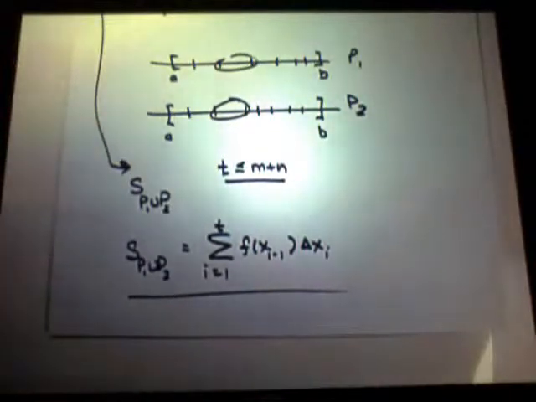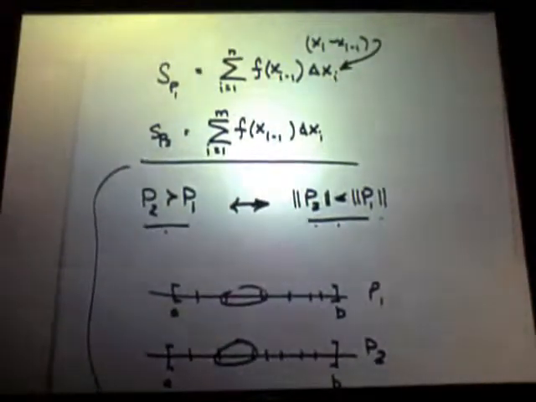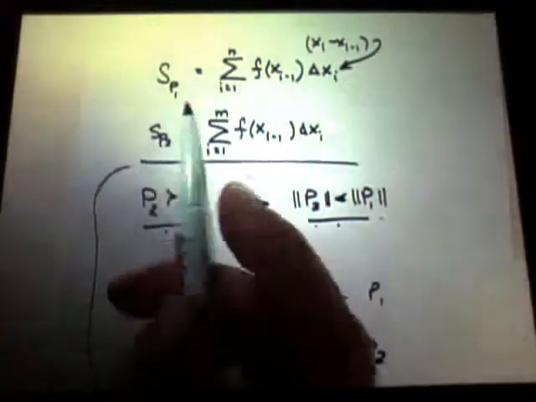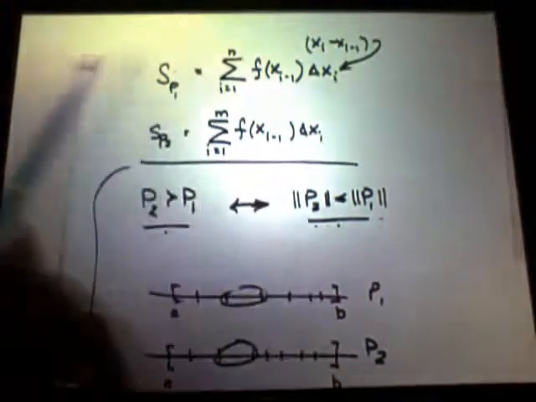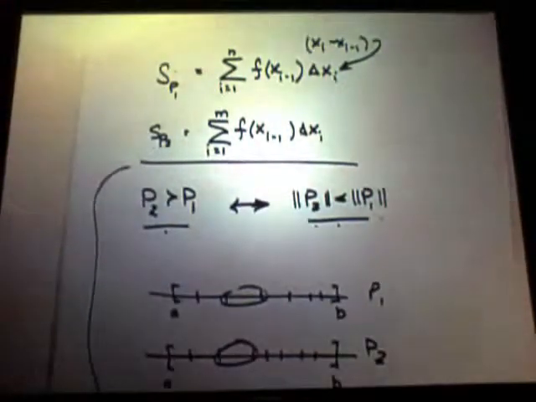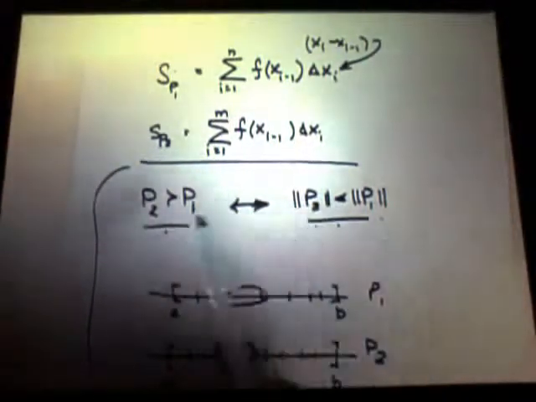So there's the Cauchy sum that corresponds to the common refinement. Tom, does P1 have to have fewer points than these two? They can be equal? No. This can be bigger, smaller. We're not saying anything. This was just how things are refined.